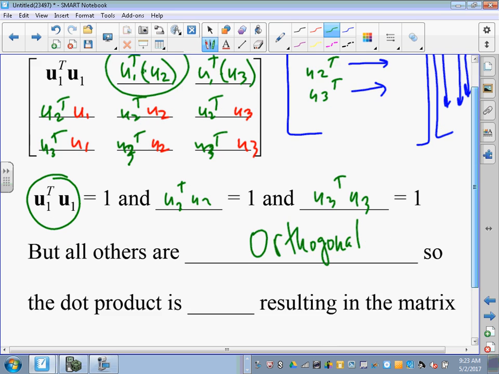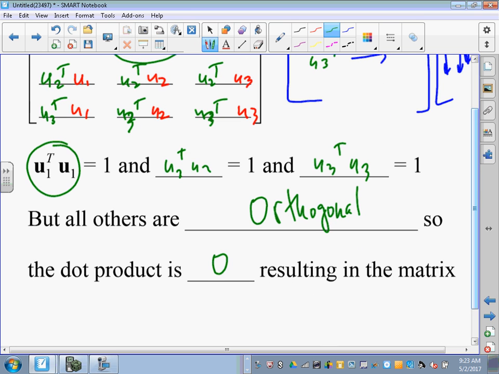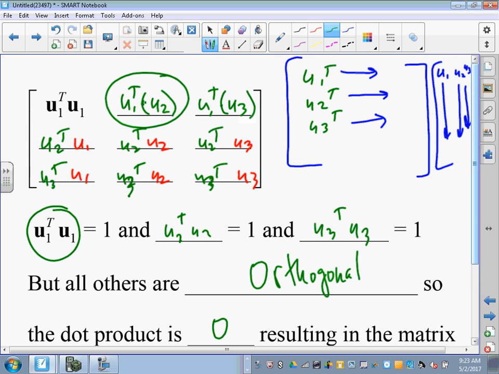And so therefore the dot product is 0. So what is the resulting matrix going to be? The identity matrix, right? And it's identity because, why is that thing 1? Because what's so special about those vectors? They're unit vectors. They have a magnitude of 1, right?